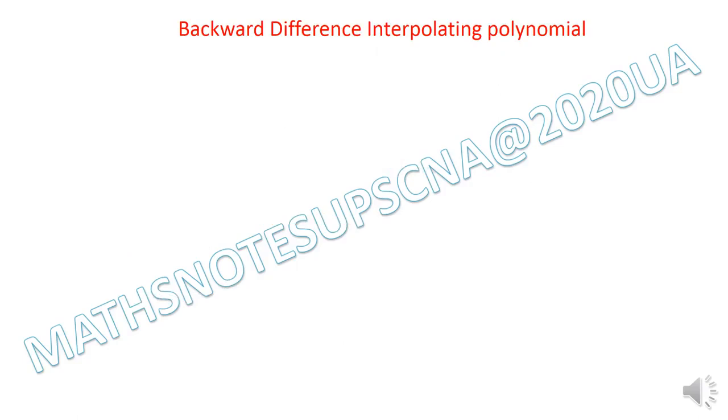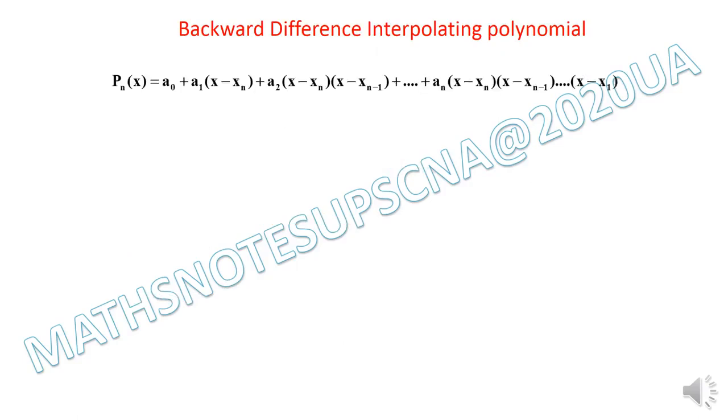Now let's see the backward difference interpolating polynomial or formula, and this is the expression: Pn(x) is equal to a0 plus a1 into (x − xn) plus a2 into (x − xn)(x − x(n−1)), up to the last term, the nth term, an into (x − xn)(x − x(n−1)) up to (x − x1). Now let's substitute x equal to xn.